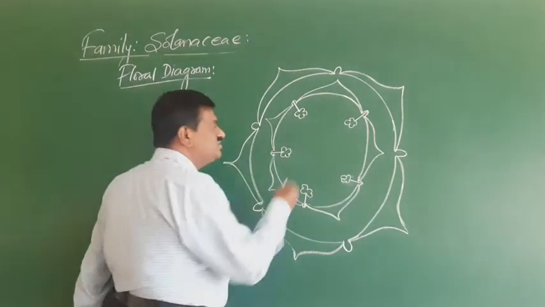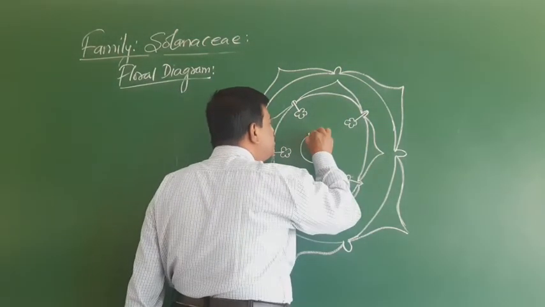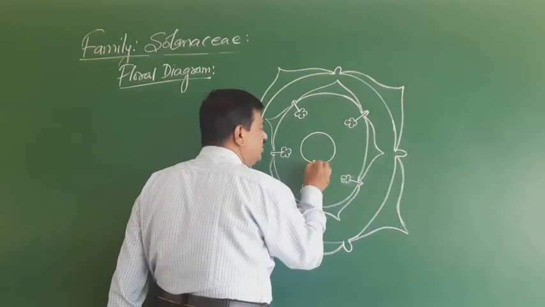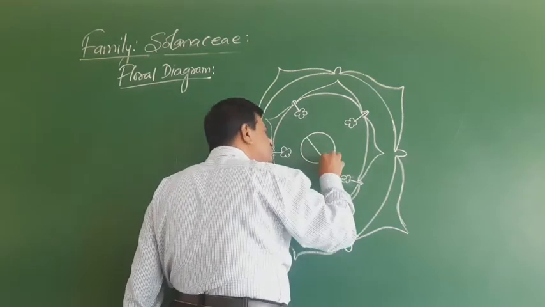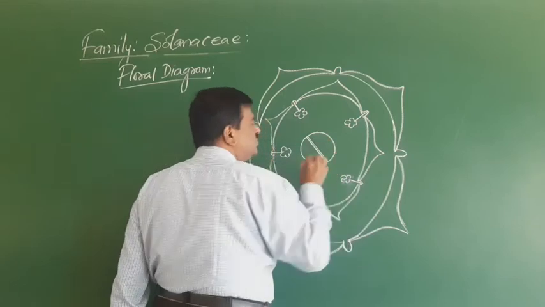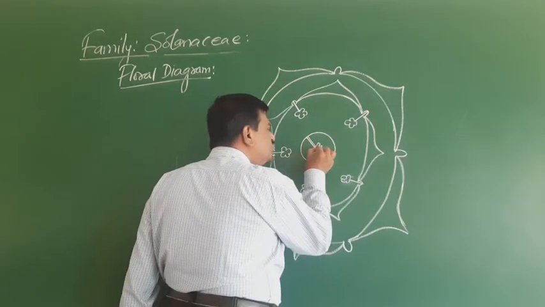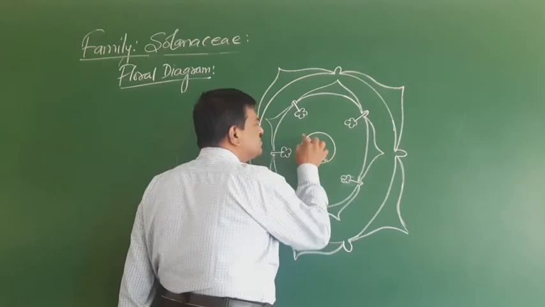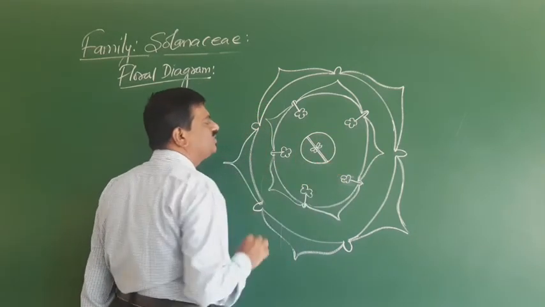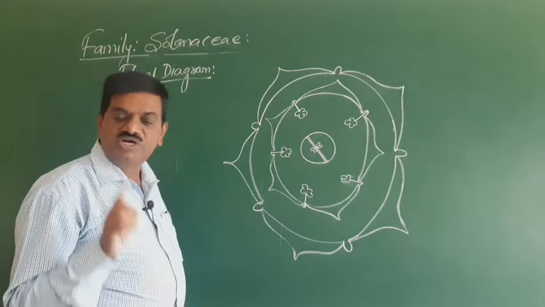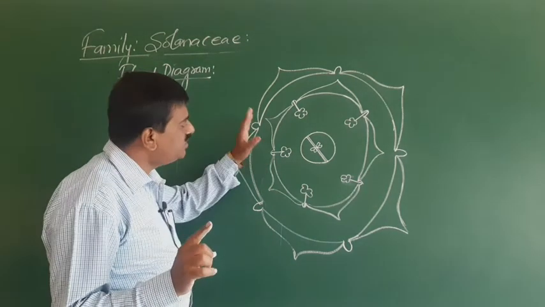The next one is Gynoecium. The Gynoecium is nothing but the ovary, and there is a presence of only 2 carpels. So this is obliquely arranged, and there is a presence of 2 carpels, hence it is called bicarpellary, and these carpels are fused, hence we use the word Syncarpous.